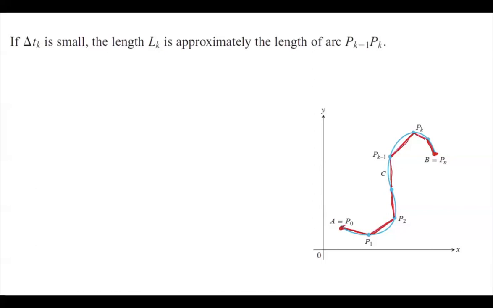If delta tk is very small, the length lk is approximately the length of the arc p sub k minus 1, p sub k. So this is your arc.